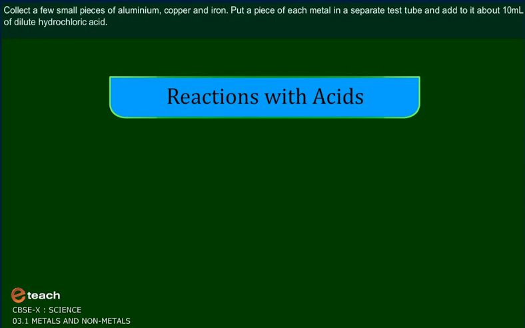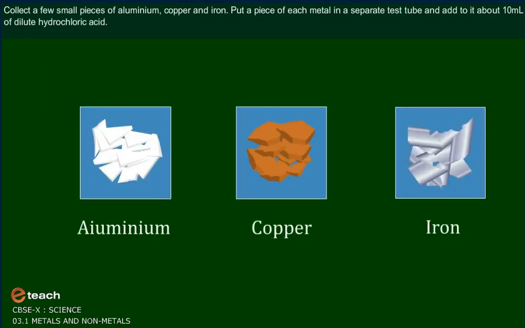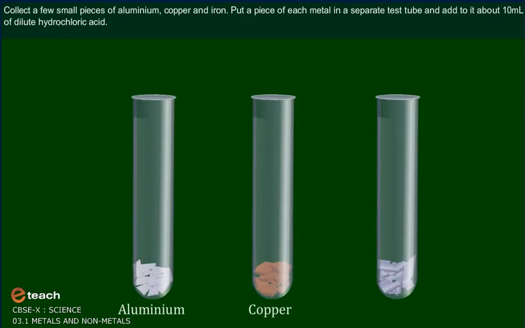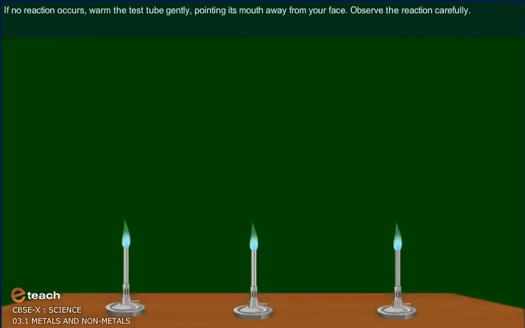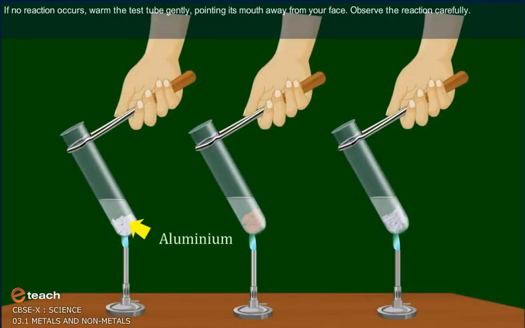Collect a few small pieces of aluminium, copper and iron. Put a piece of each metal in a separate test tube and add to it about 10 ml of dilute hydrochloric acid. If no reaction occurs, warm the test tube gently, pointing its mouth away from your face. Observe the reaction carefully.